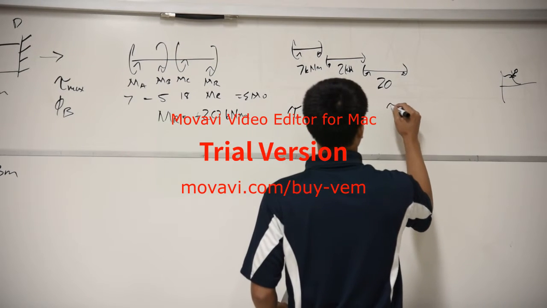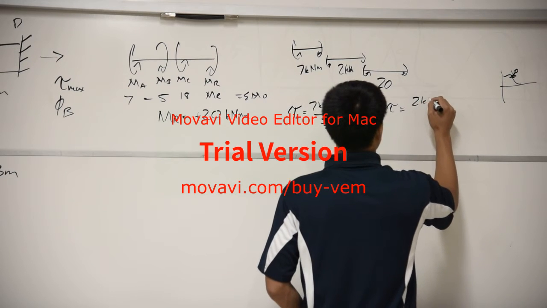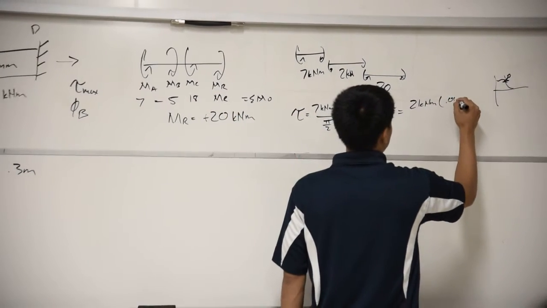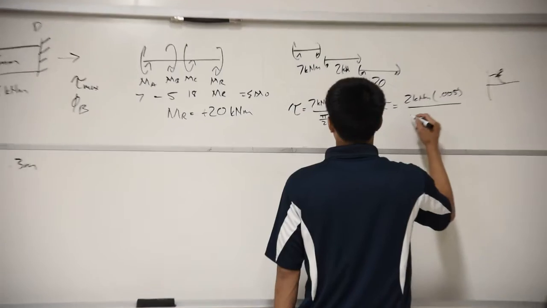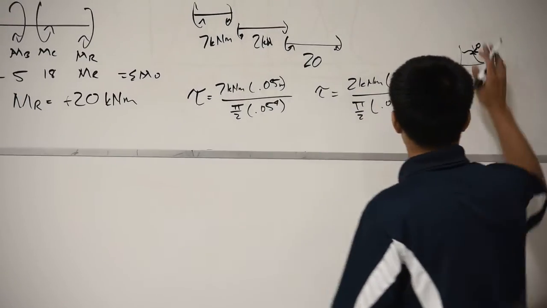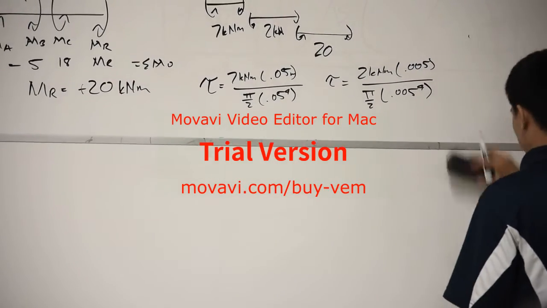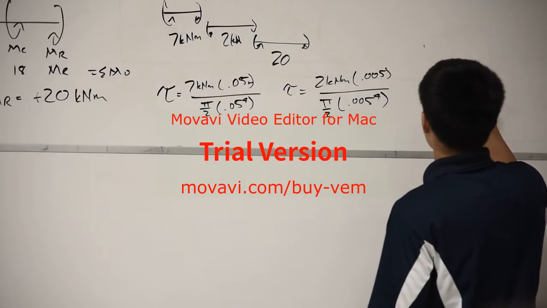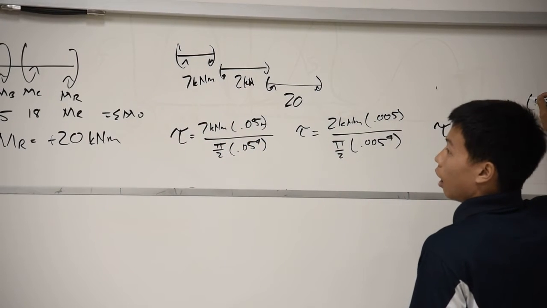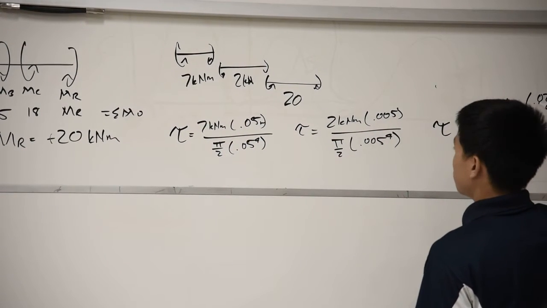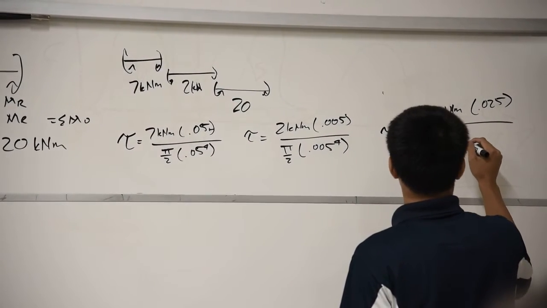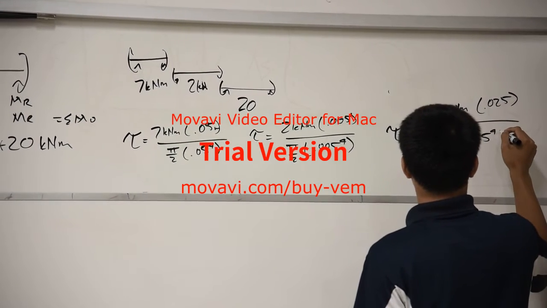Okay, the next one would be 2 times half of 10 is 5, and that's 5 millimeters, over pi over 2 times 0.05 to the 4th. And then the last piece would be 20 millimeters. Half of 50 is 25. Right? Yep. 2 times 25.